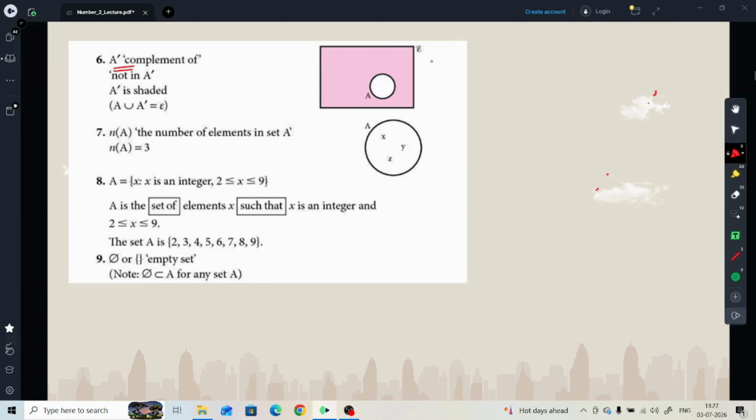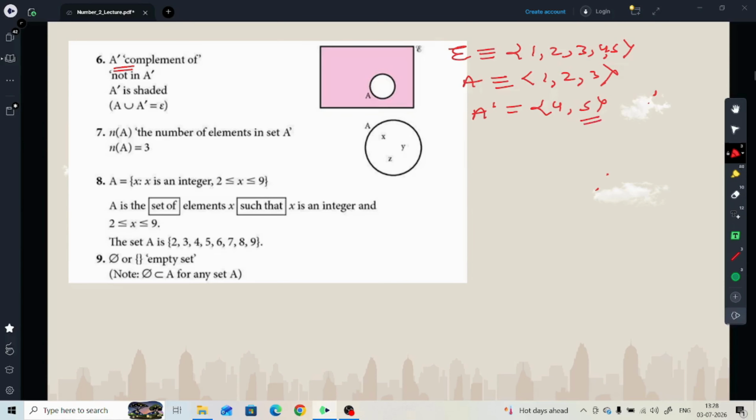For example, our universal set is 1, 2, 3, 4, 5, and the set A is 1, 2, 3. So A complement will be all the elements which are not lying in set A but lying in the universal set. In that case it will be 4 comma 5.